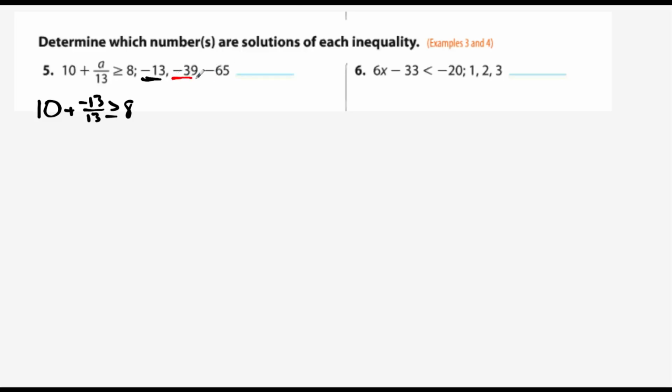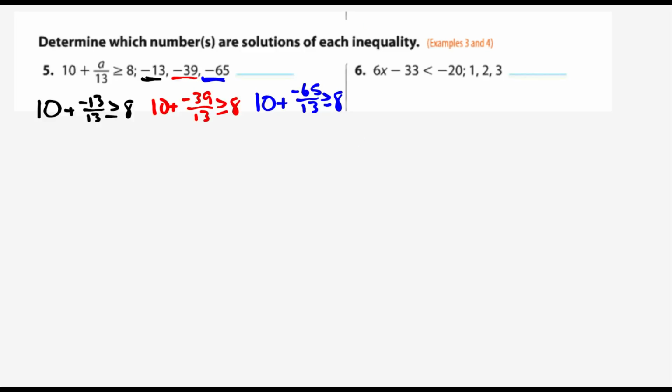In our second inequality, we have 10 plus negative 39 over 13 is greater than or equal to 8. And then our third one, let's go blue, I like blue more than green. Negative 65 for A, so 10 plus negative 65 over 13 is greater than or equal to 8.